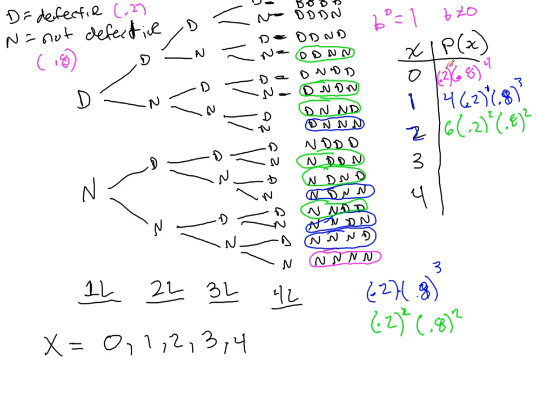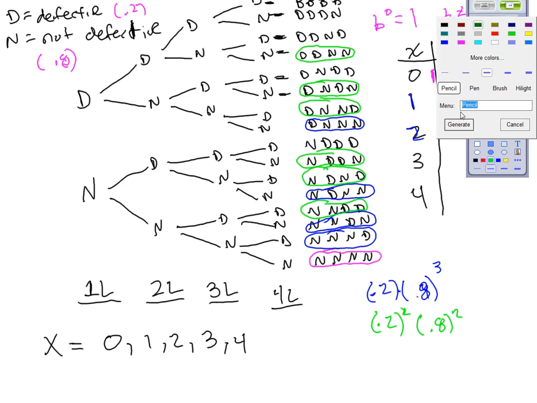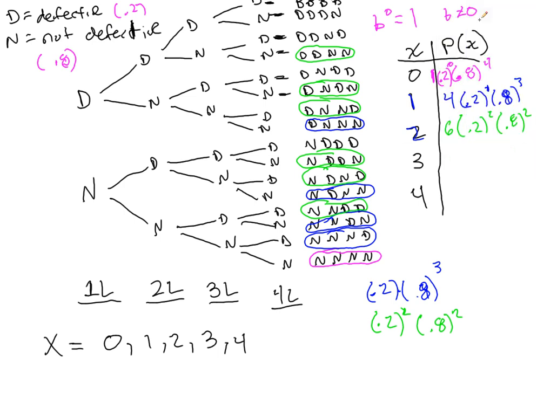And, well, how many replicates of this did I have? Well, I only had one situation where they were all N's. So notice how there's a pattern here, except we don't see a pattern in the 1, 4, 6 so far. So I'm going to change colors again here, and we'll do the situations where there are 3 D's. 1, 2, 3, 4.